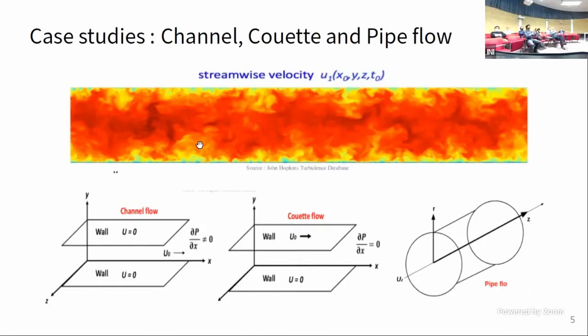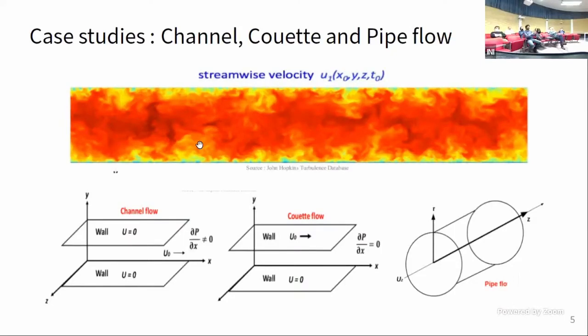For my initial test, I'm going to look into the canonical flows that have been quite well established at this point, which will be the channel flow, the Couette flow, and the pipe flow. The setting is that there are two parallel plates for either of the cases, and for the channel, the two parallel plates are at rest, and for the Couette flow, one of them is moving at a constant velocity. So for the case of the channel, the pressure gradient is what is driving the flow.